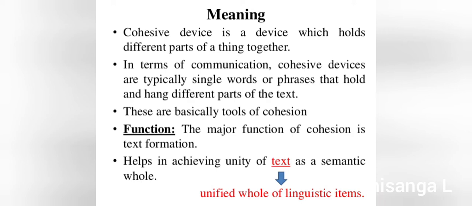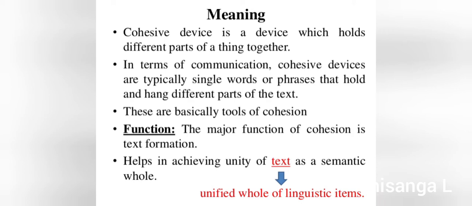Cohesive devices could be single words. They could be phrases that hold and hang different parts of a text together. We could basically call them tools of cohesion, devices of cohesion.